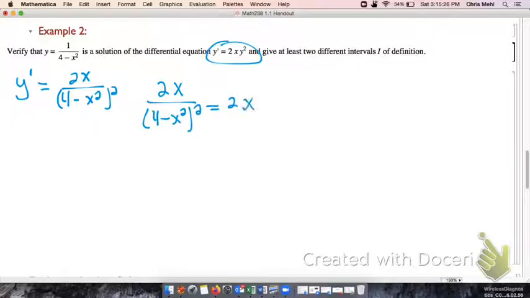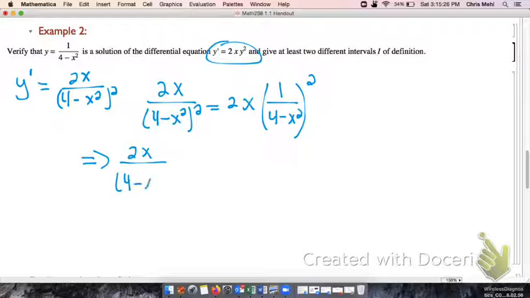The right-hand side is 2x times y squared, which is 1 over 4 minus x squared, squared. Remember, a function is a solution if when it and its derivatives are substituted into the differential equation, you get an identity. No surprise here, the left-hand side is just 2x over 4 minus x squared squared. When you simplify the right-hand side, that also becomes 2x over 4 minus x squared squared. Checks out.